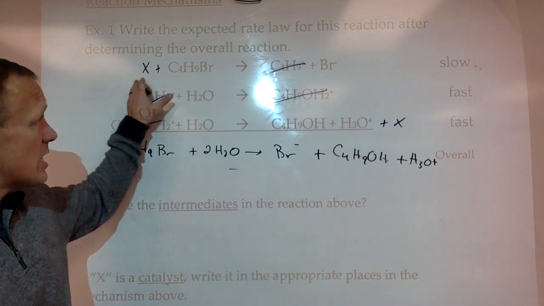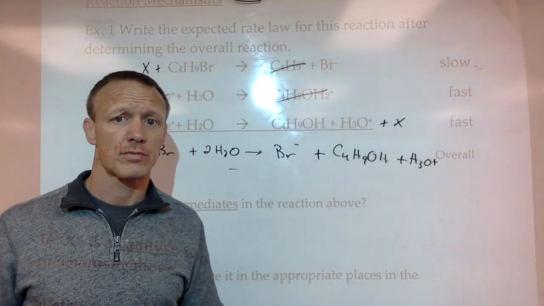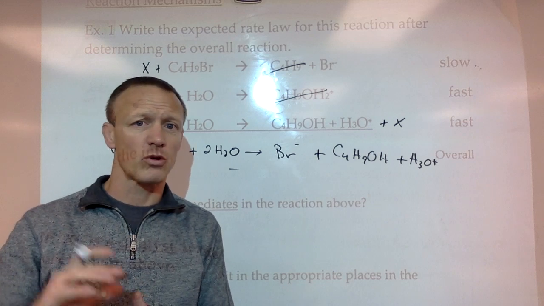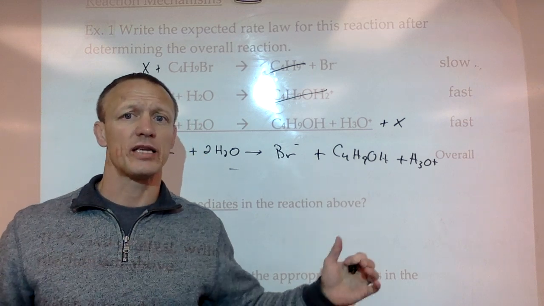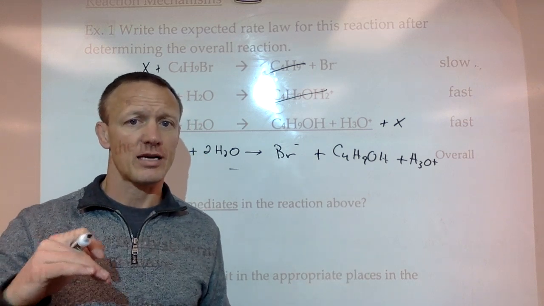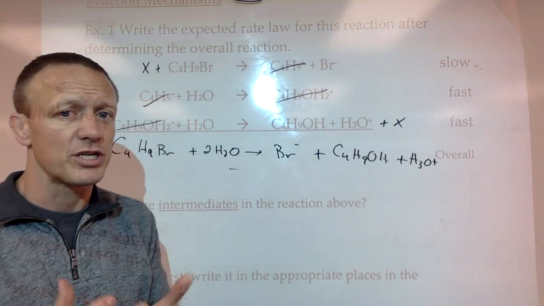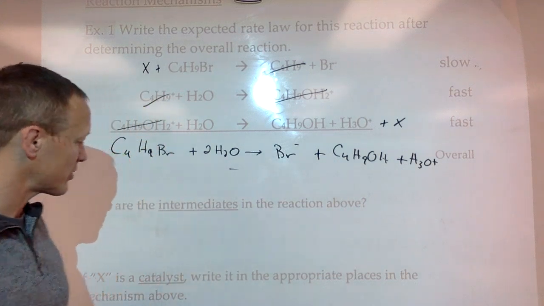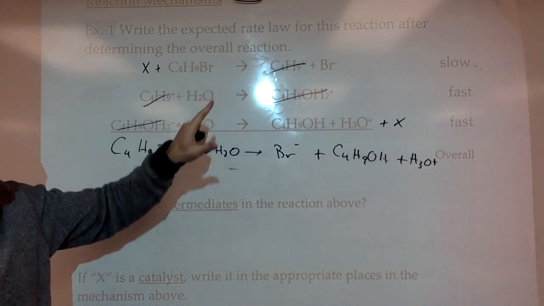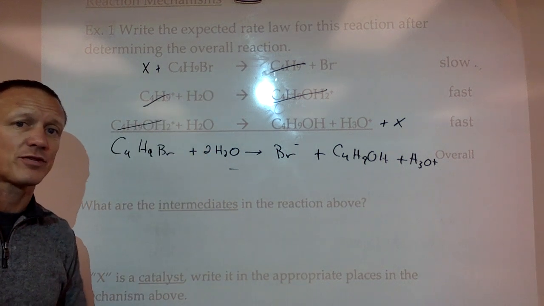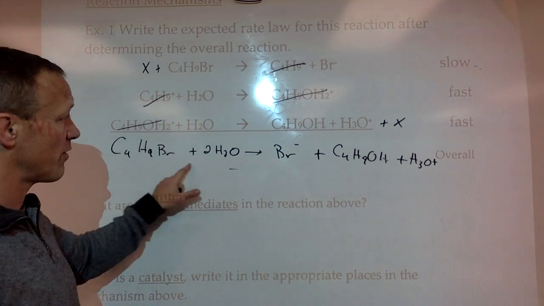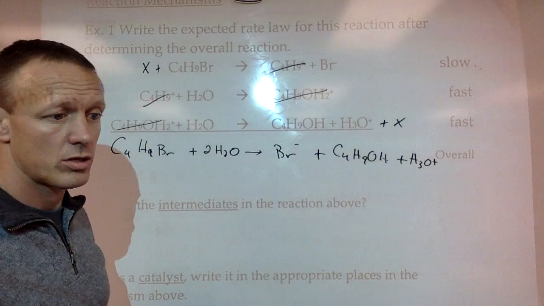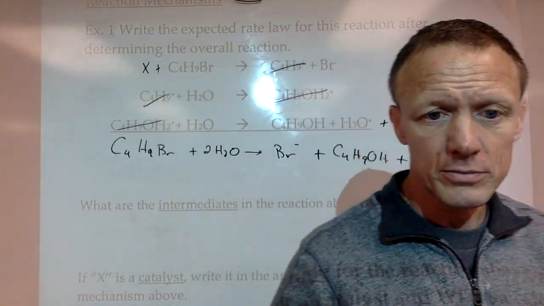It's put in and comes out the same. Remember, catalyst, all it does is lower the activation energy, speeds up the reaction. It lowers the activation energy of the reaction, doesn't take as much energy to make the reaction happen, makes it go faster. So if there was a catalyst in there, it would be there and there. A lot of times we'll see catalysts in a reaction. Again, they will not be part of the overall reaction.